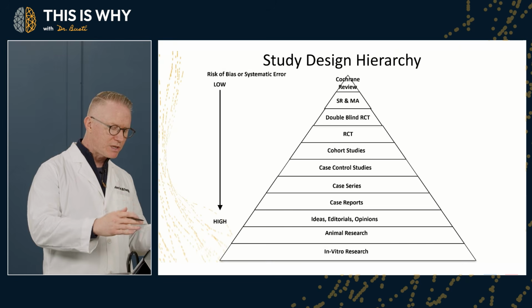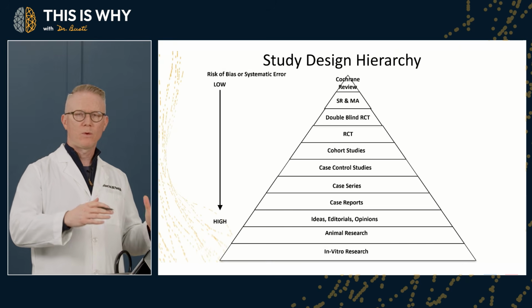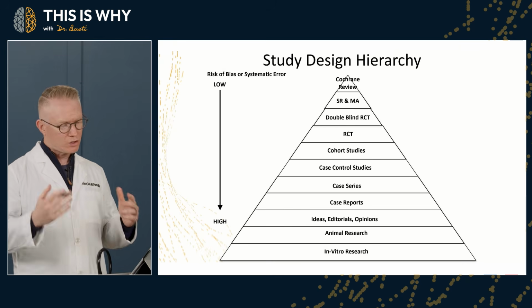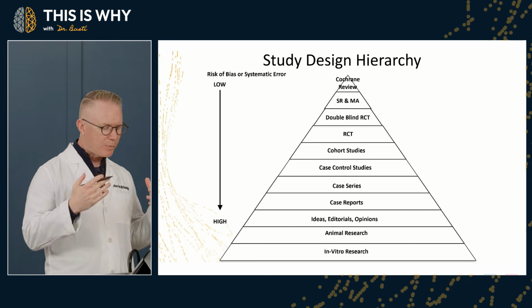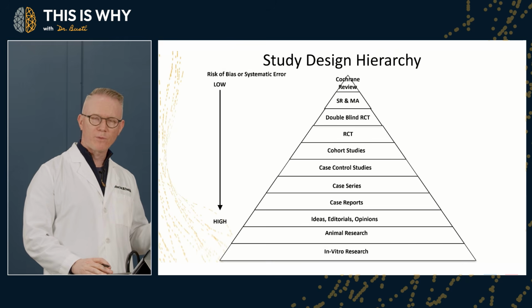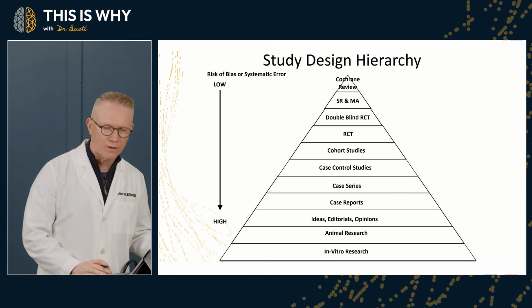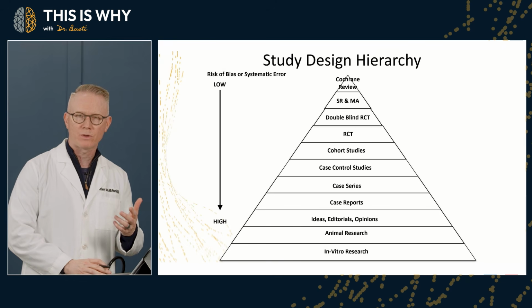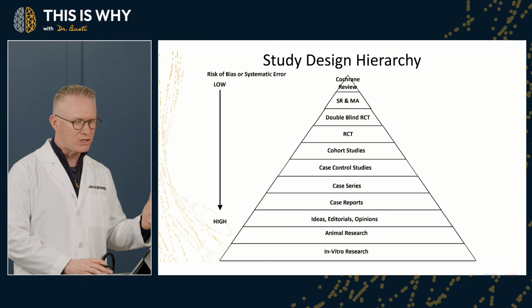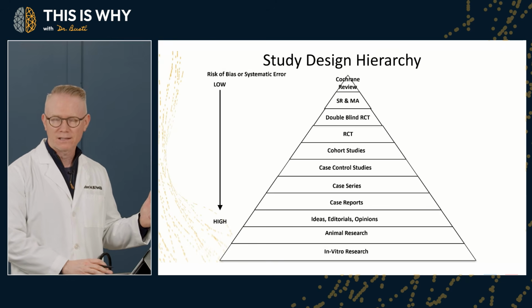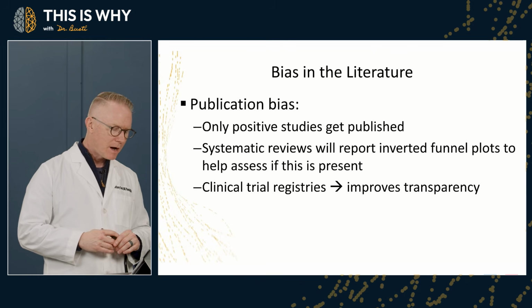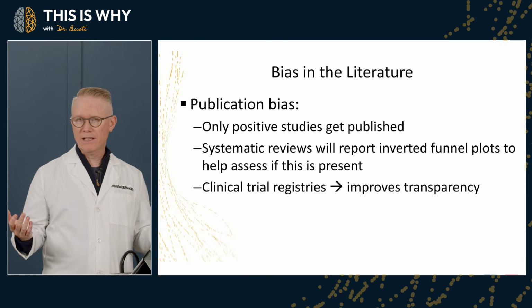Because when studies are done correctly with good methods and they're controlling for bias, they usually produce more internally valid information. You still need to know if that internal validity of the data that was reported is still externally relevant, clinically. And so there is bias in the literature.